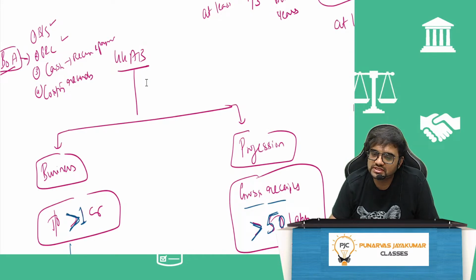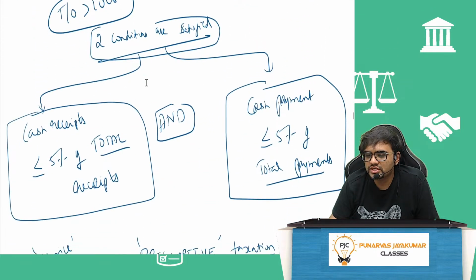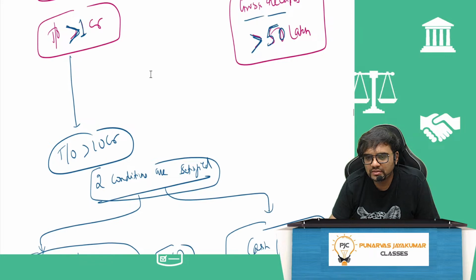But the business 1 crore limit is increased to 10 crore if 2 conditions are satisfied. Cash receipts must be less than or equal to 5% of the total receipts and cash payment must be less than or equal to 5% of the total payments. Then the limit is not 1 crore, the limit becomes 10 crore.